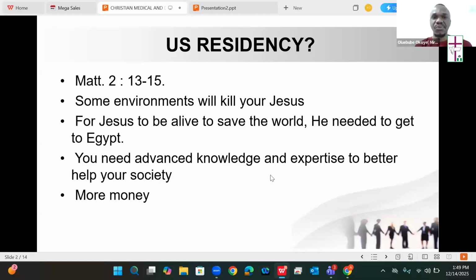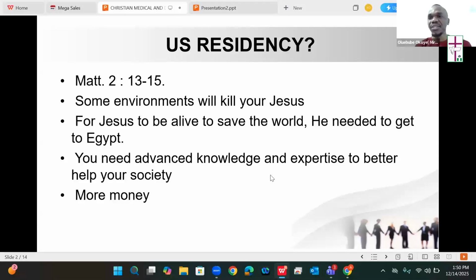In the book of Matthew 2 verses 13 to 15, the Bible talks about the angel of God appearing to Joseph, telling him to take Jesus to Egypt because Herod was about to kill Jesus. And Jesus had to embark on that journey in order to save his life. I used to tell people that for my Jesus to be preserved, I need to leave certain environments.